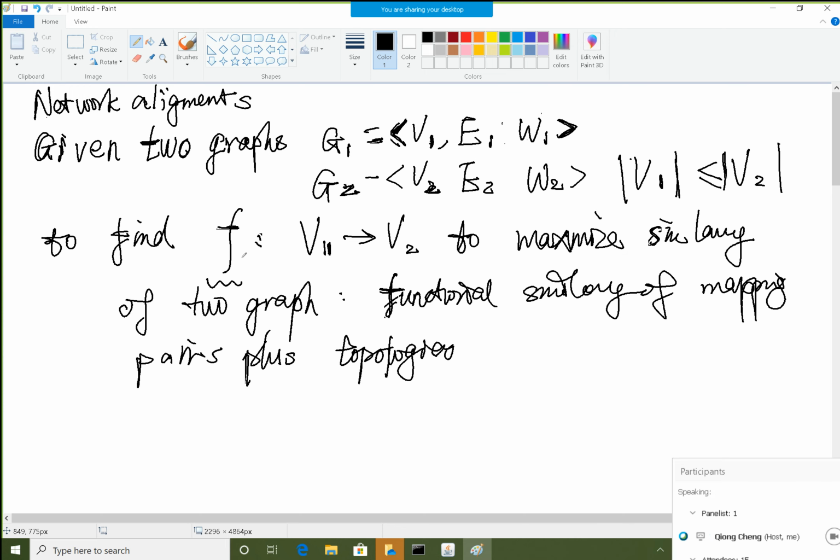This topology is like the shortest path. One vertex can connect with another vertex through multiple steps, a multiple-step neighborhood relationship, such that in the graph one vertex is influenced by an adjacent vertex, and that adjacent vertex is influenced by another adjacent vertex.